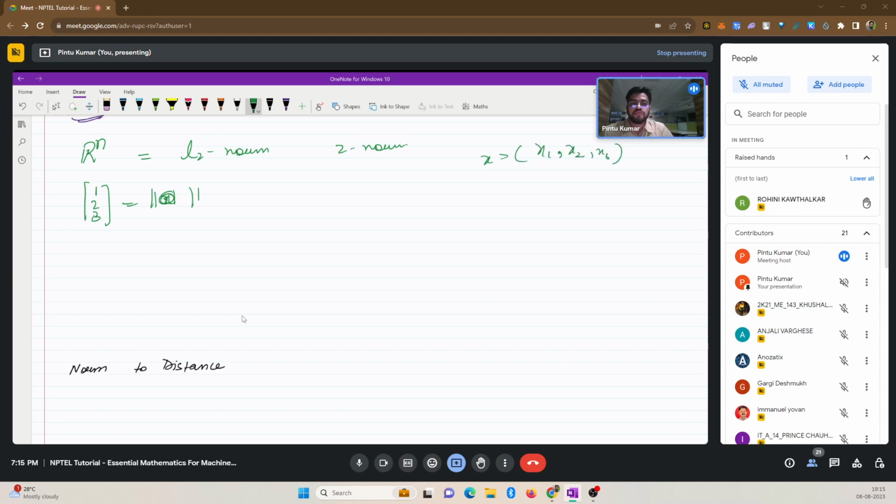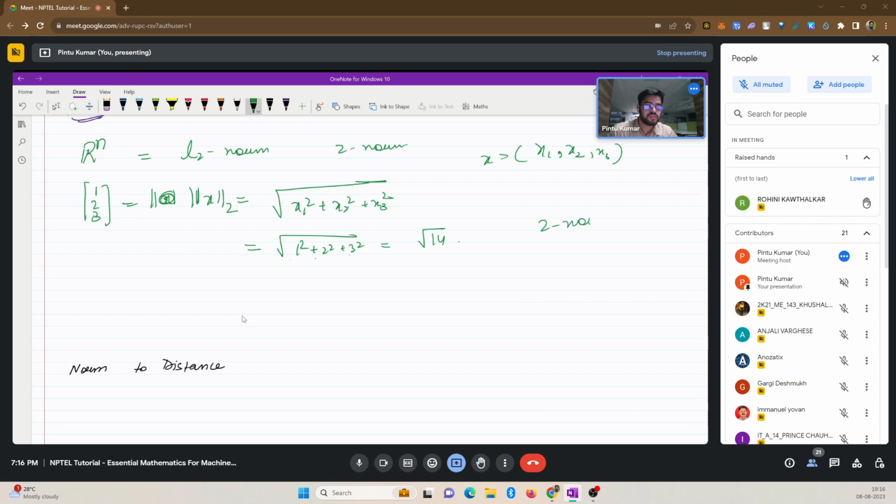Then the 2 norm of x is the square root of x1 square plus x2 square plus x3 square. This is a norm. So the norm of this thing would be the square root of 1 square plus 2 square plus 3 square. This is 9, 4, 13 plus 1, 14. This is the square root of 14.